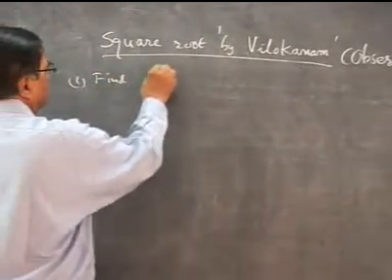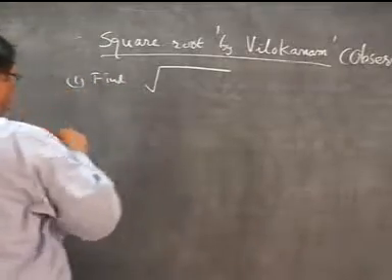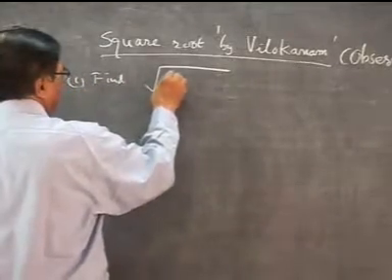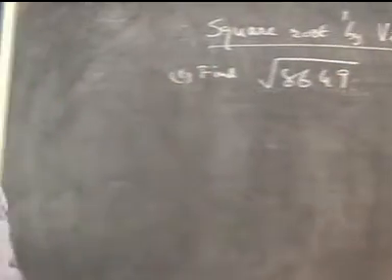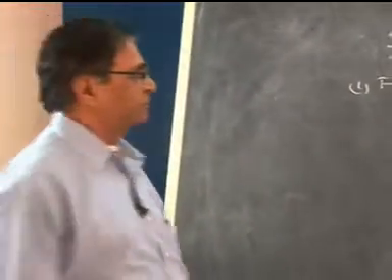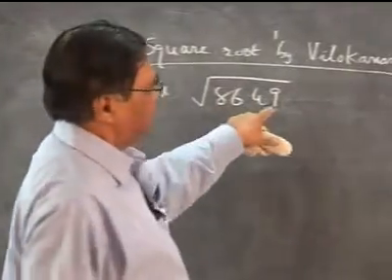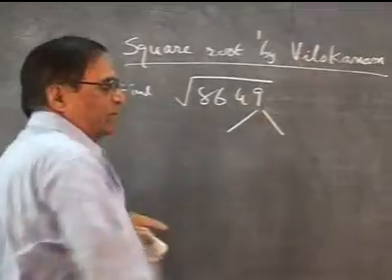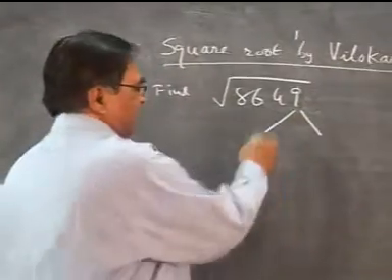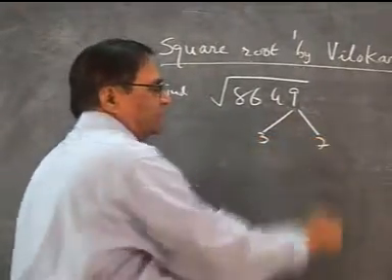Find the square root of 8649. First of all, you have to go to the unit digit. 9 is 3 square or 7 square.